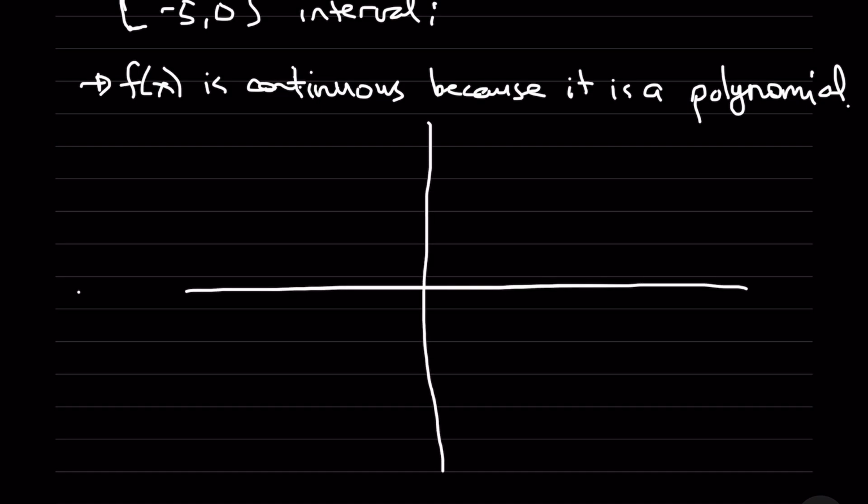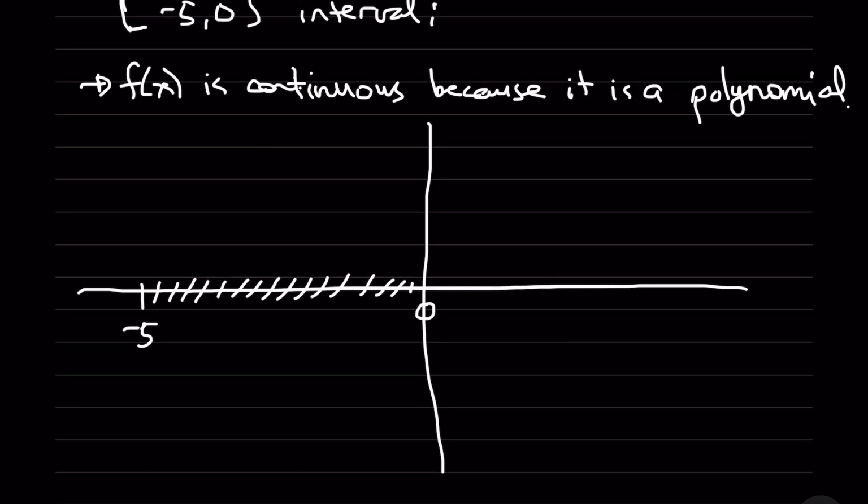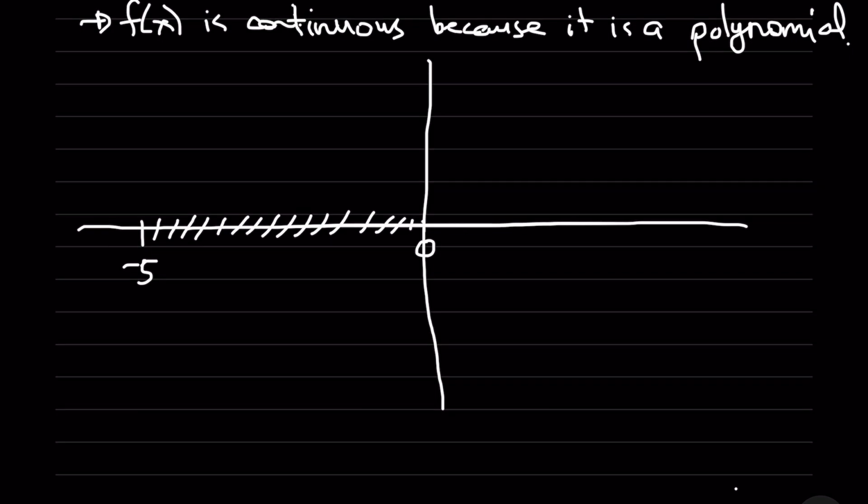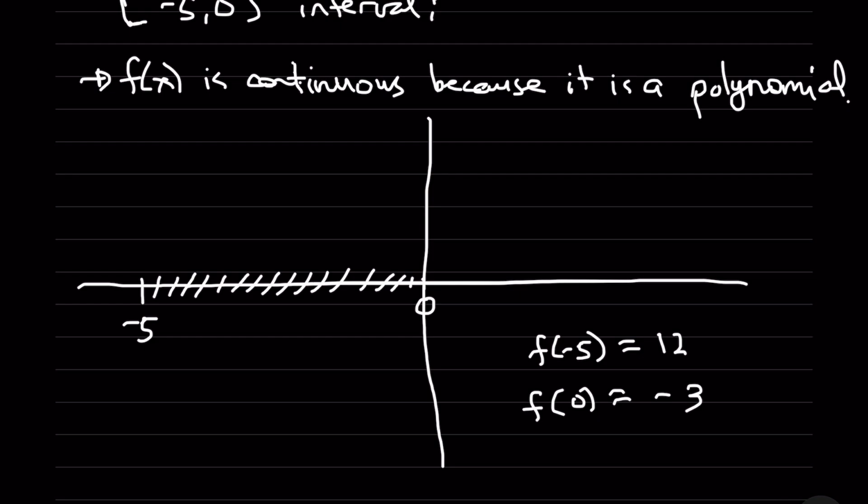So if we visualize the problem in a Cartesian plane like this, we are interested in the interval -5 to 0. If we evaluate the value of the function at the endpoints, f of -5 is equal to 12, f of 0 is equal to -3, and try to plot these points.